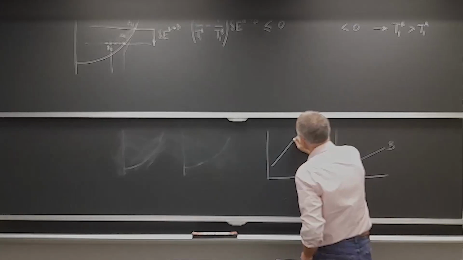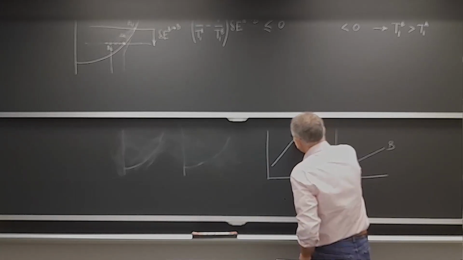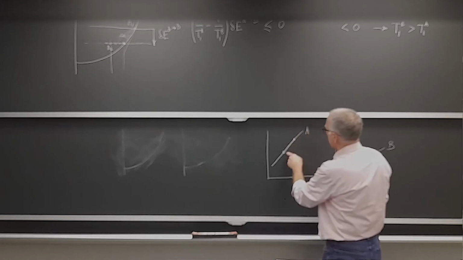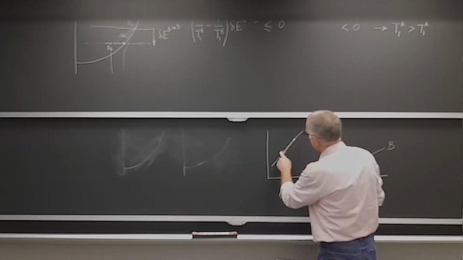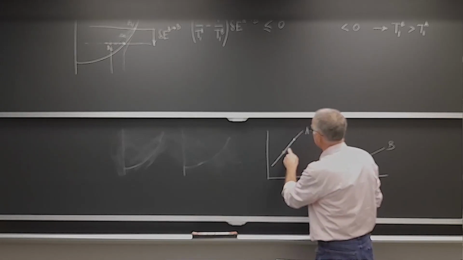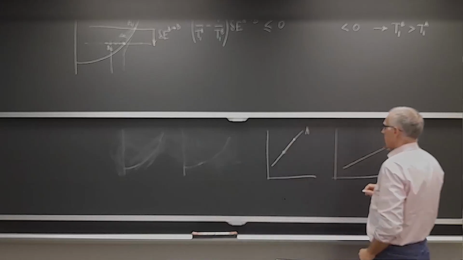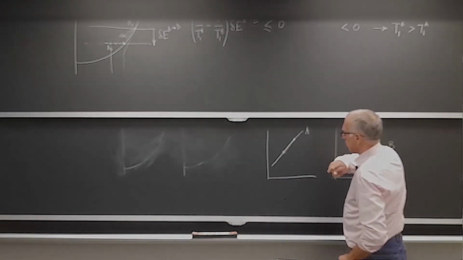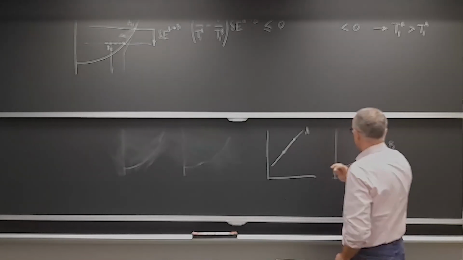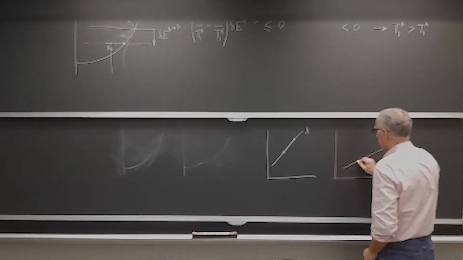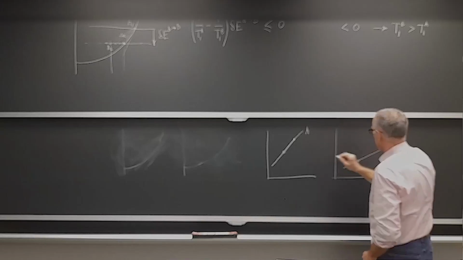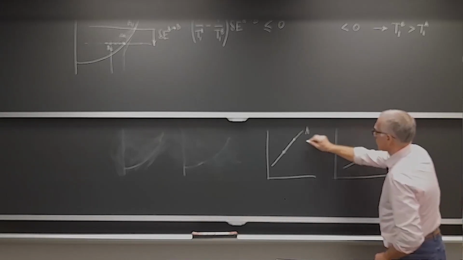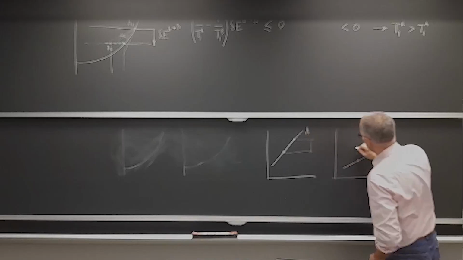So if I extract energy from A, it ends up in a stable equilibrium state, and no entropy production by irreversibility here. Now, system B must take that same energy. So somehow I should take a segment this much.